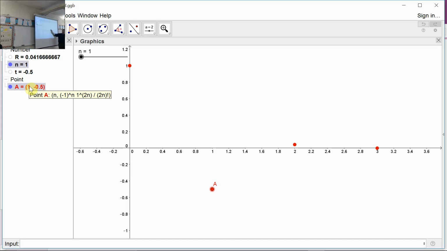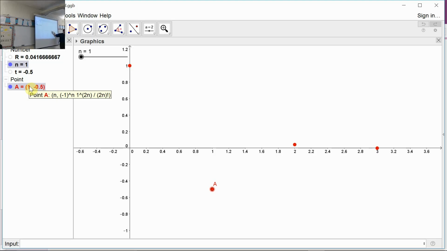And as I go to the right here, you can see the terms are going to 0, which is that whole idea. So I claim the most error is wrapped up in this next term. The most error is the first term I'm not using.